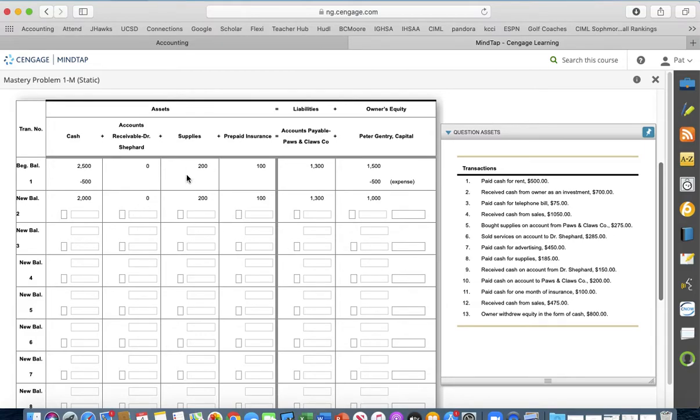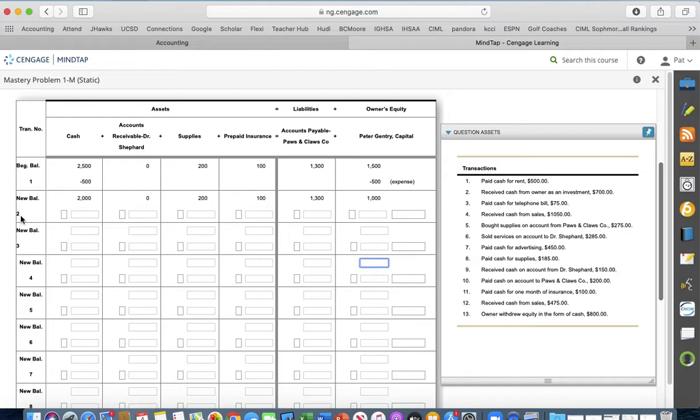Okay? Every line that is a balance, beginning balance, new balance, new balance, there needs to be a number in each of those new balance lines. Why? Because you want to know how much is in each account.